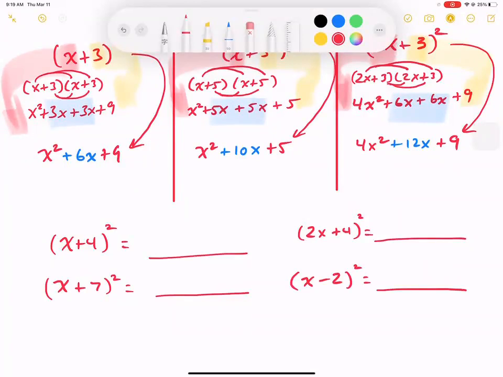I'll give you guys 30 seconds to do these problems. All right, that's 30 seconds. See if you guys need a little more time.